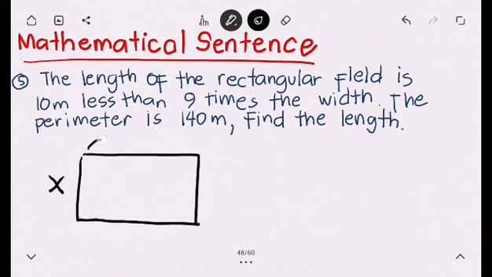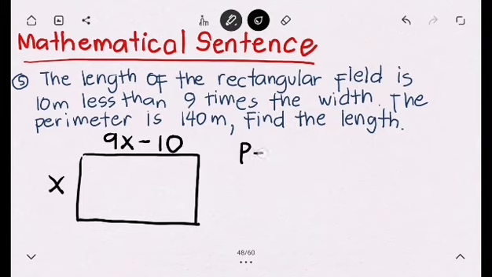So kung etong part na to yung width, yung length, ang sukat daw niya is, again, meron tayong less than dito, baka magkamali na naman. So unahin natin 9 times the width. Ang width natin is x, so 9 times x less than 10. Hindi pa tayo tapos kasi may given pa na perimeter.